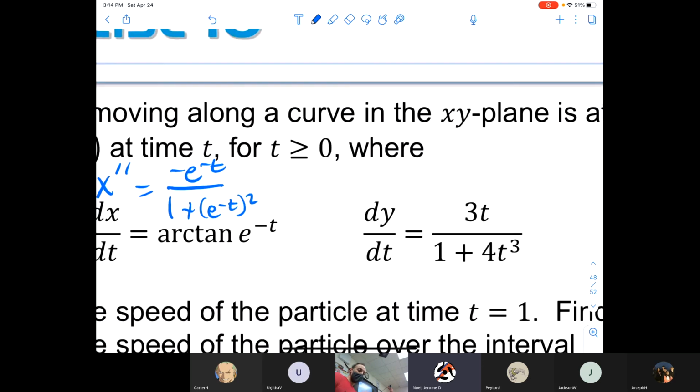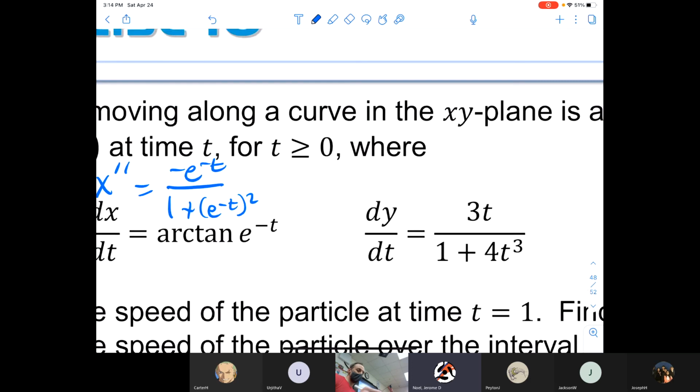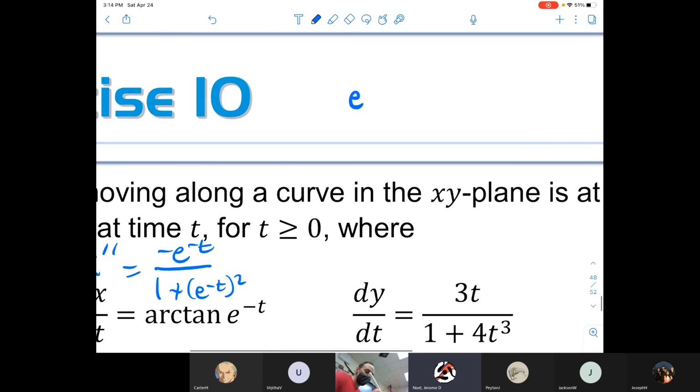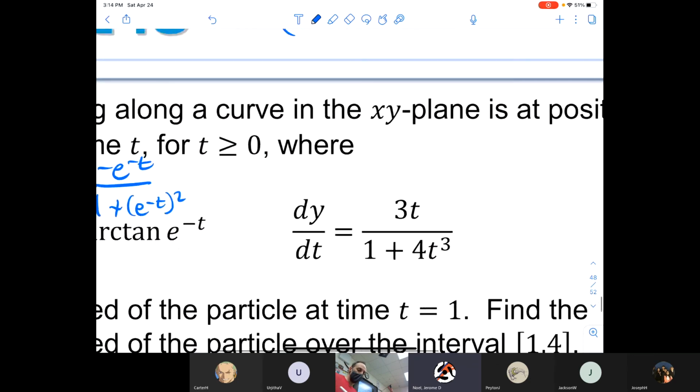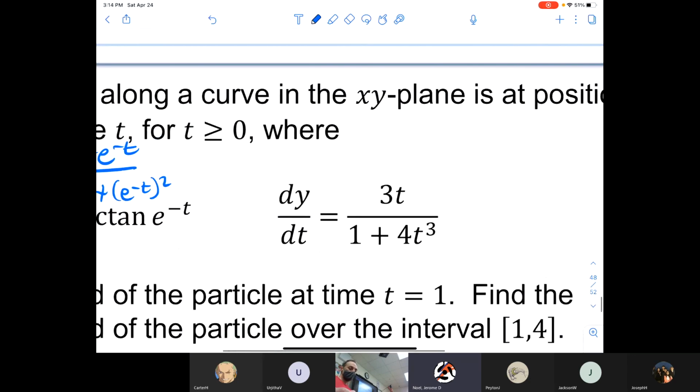Now, I know from the last test that some people think that e to the negative t, squared, is equal to e to the negative t squared power, but it's not. Power to a power, you multiply them, it's 2 times t. This should be negative 2t. All right, so there's that component. To find this component, that should be fun. We love the quotient rule.